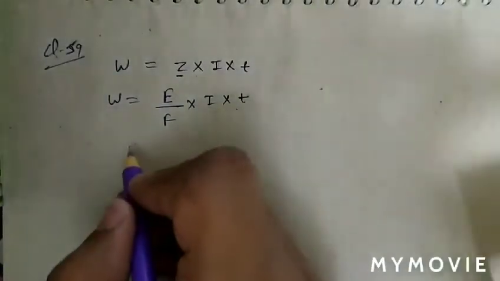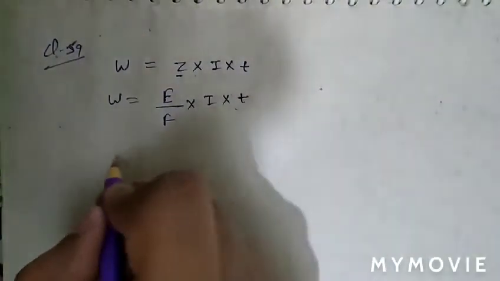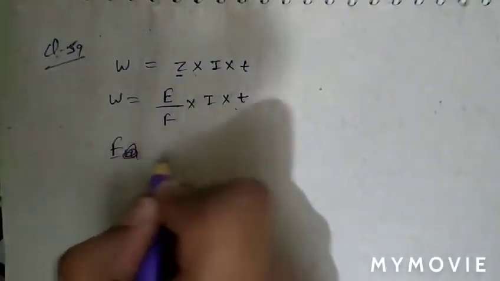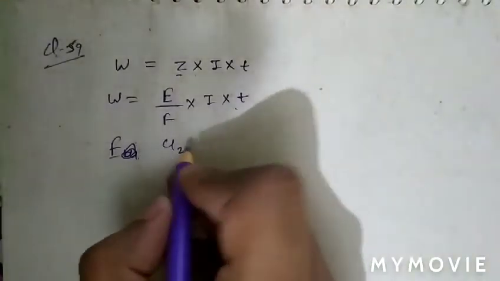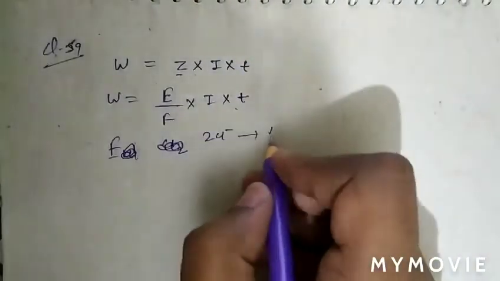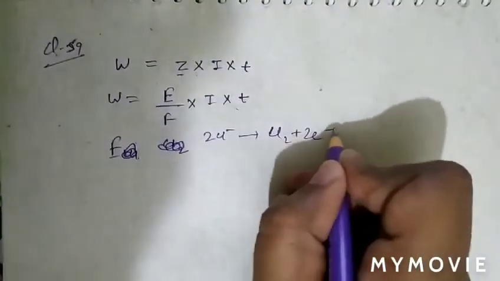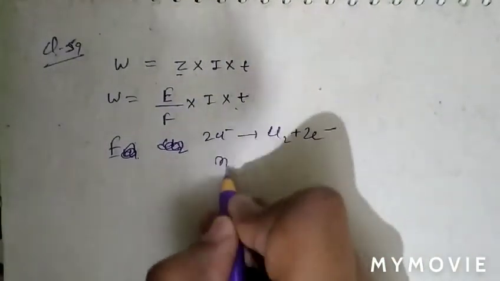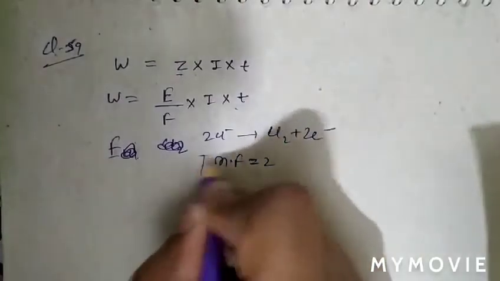Also, Cl2 is formed when 2Cl minus changes into Cl2 gas by the loss of 2 electrons. So the n factor for the reaction is 2.